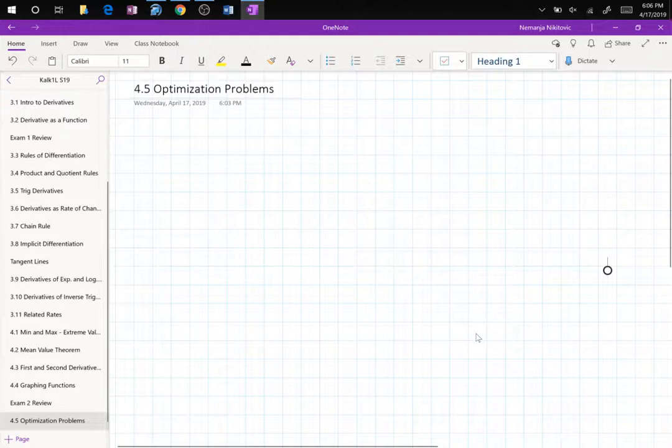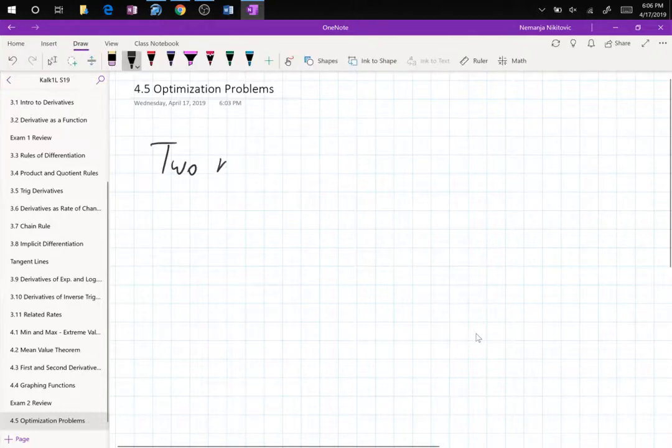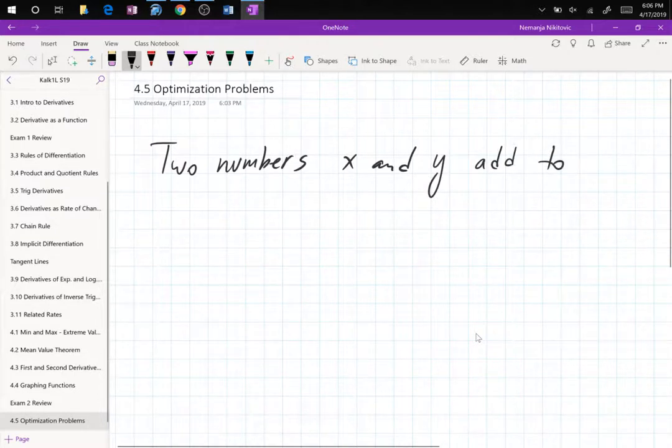All right. So what we have is an optimization problem, and I would like to introduce this idea with, let's say, two numbers, say x and y, that add to, let's say, 18.